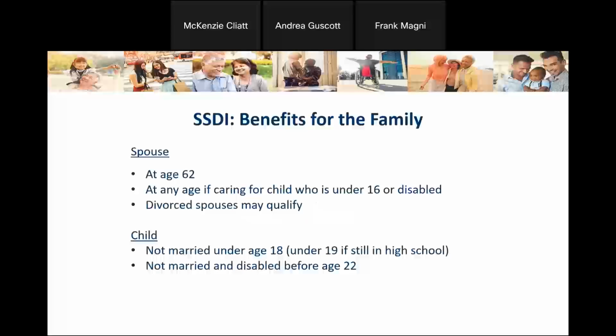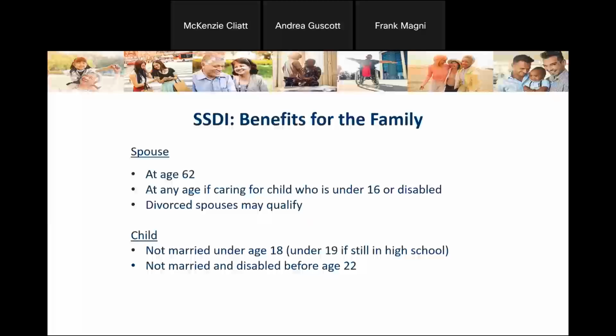I'll be talking about this a little bit more as it applies to children, but I did reference this previously. SSDI, once again, is off the working record. Spouses and other family members can be eligible for benefits off of this program. This does not affect the worker's monthly benefit amount. It comes off of a separate part known as the family maximum.